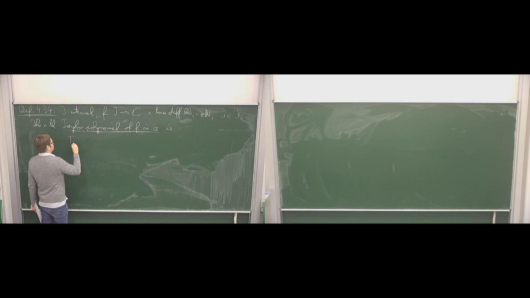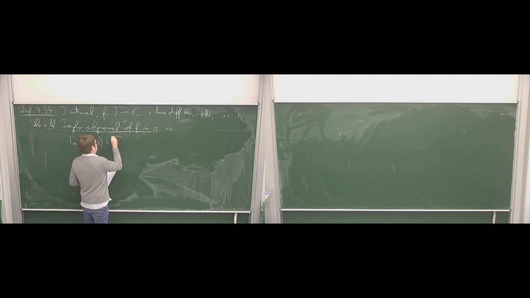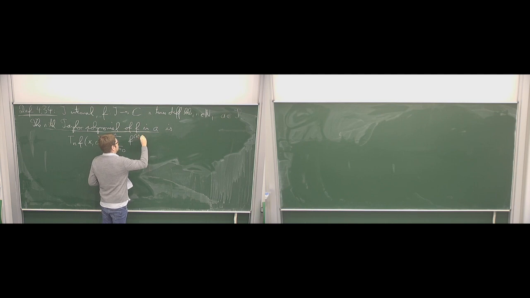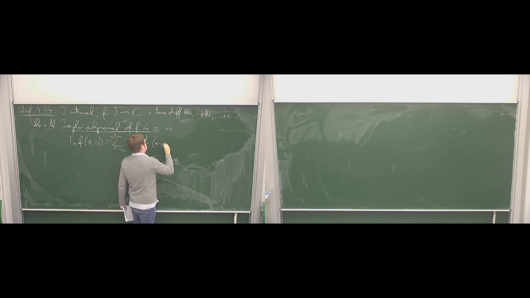Just to introduce some notation, we call it T_n f of the variable x in the point a. That's a bit awkward notation, but there's no way of really writing them very concisely. This is defined as the sum going from 0 to n of f^(k)(a) divided by k factorial, times (x minus a) to the power of k.